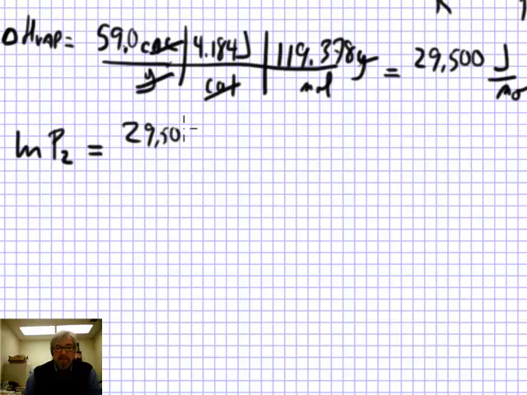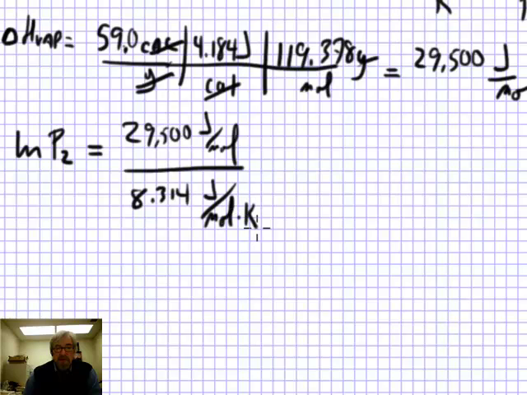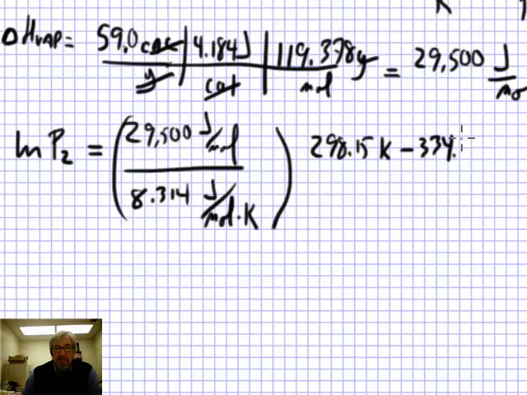So, plugging my information in here, natural log of P2 is equal to 29,500 joules per mole divided by R. We're using the physics R of 8.314 joules per mole Kelvin. And that's going to be multiplied by T2 minus T1, so 298.15 kelvins minus 334.77 kelvins divided by T1 times T2.